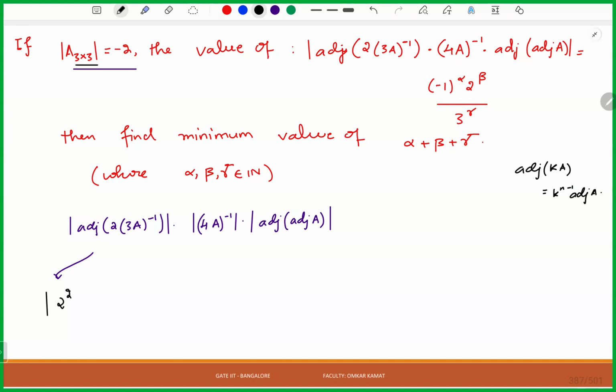So here also the same thing, 2 square will come out, adjoint of (3A) whole inverse. Now from here, 2 square will come out, so it will become 2 square to the power of 3, times adjoint of (3A) whole inverse. Understood guys? Okay.